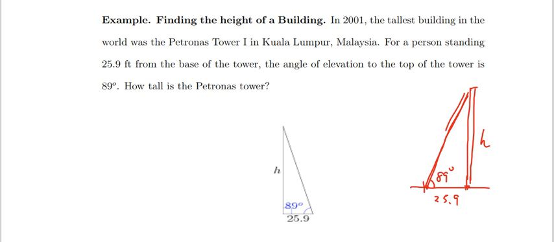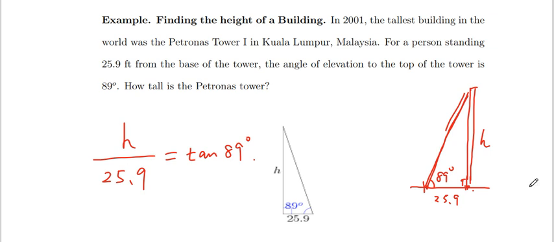So we regard this as a right triangle, right? So h over 25.9 equals this angle's tangent, so this equals tangent 89 degrees. Using our calculator, we can find tangent 89, and this number is quite big.